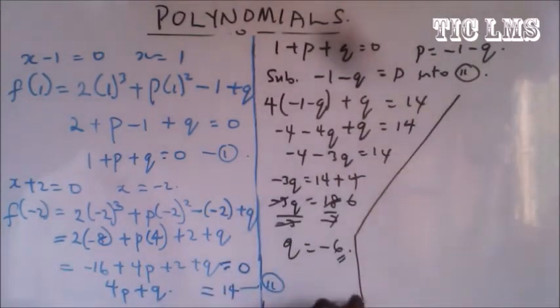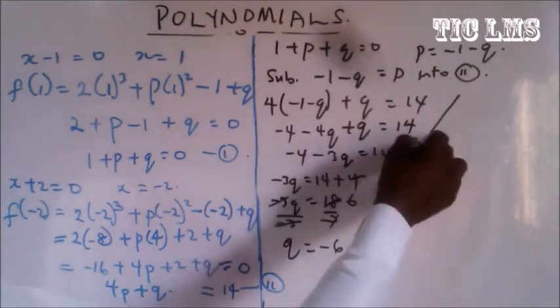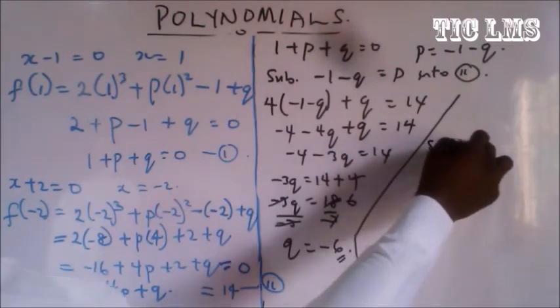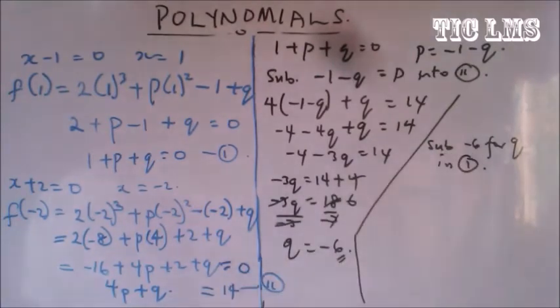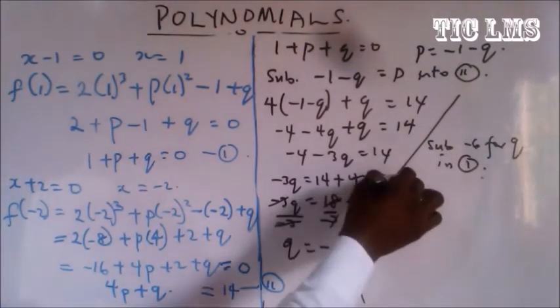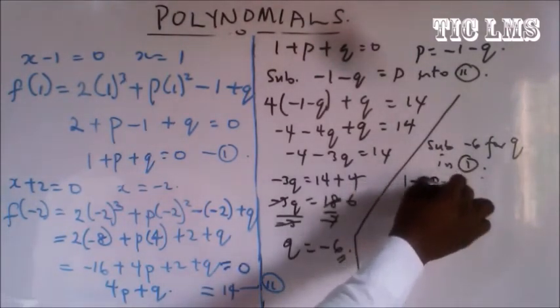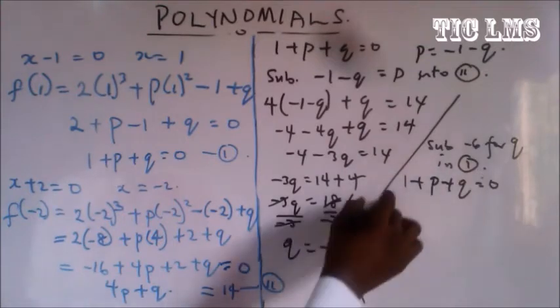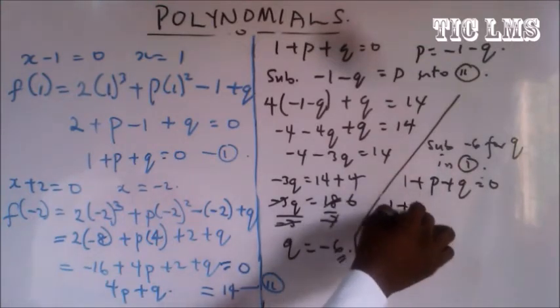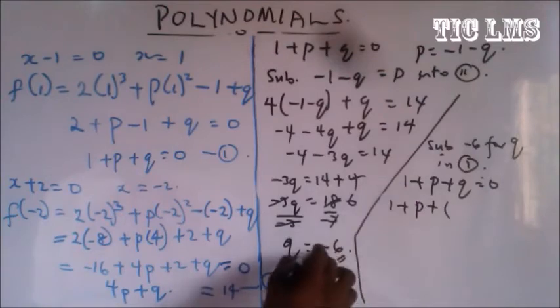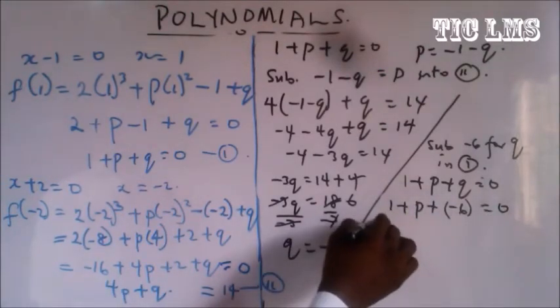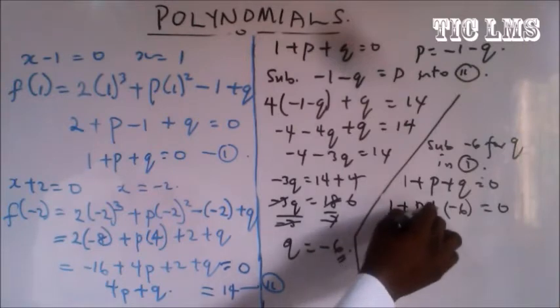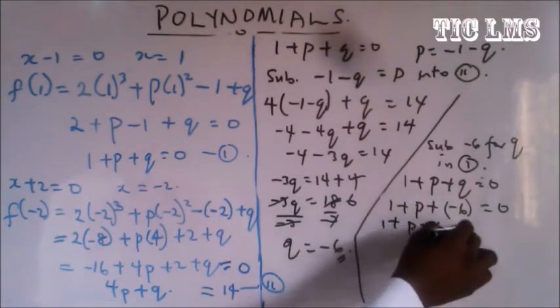Next, we'll determine the value of p. We'll substitute minus 6 for q in equation 1. We could use any of the equations. So we have 1 plus p plus q equal to 0. Here we have 1 plus p is unknown, plus our q is minus 6. So we have minus 6 in brackets equal to 0. Now we have 1 plus p plus times minus gives minus 6 equal to 0.